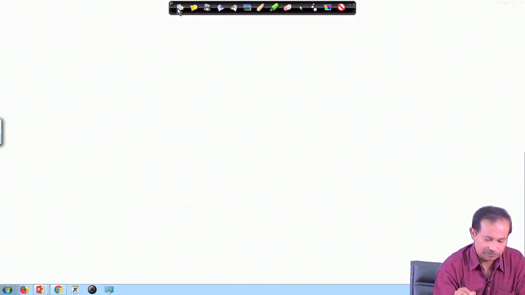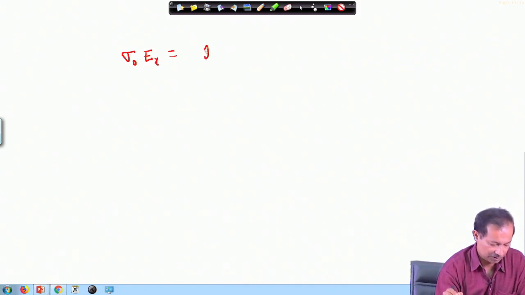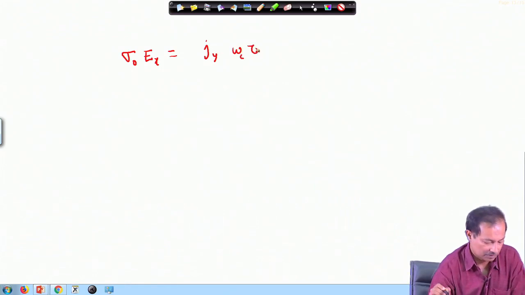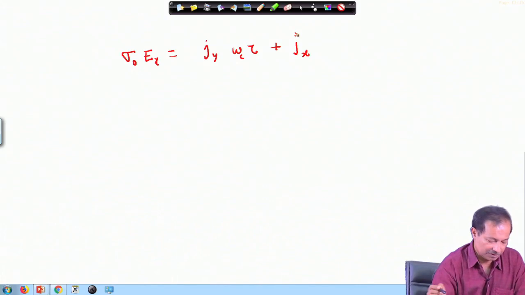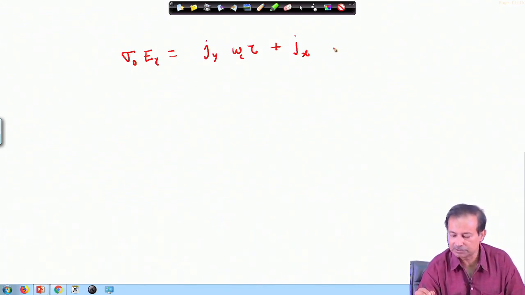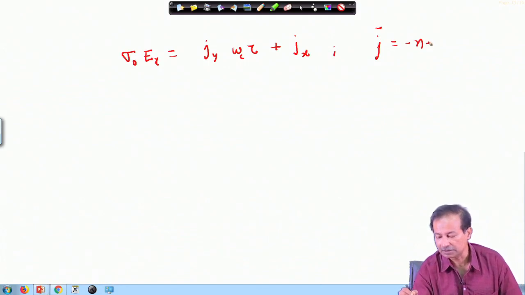So, that gives me the equation that sigma_0 E_x equal to j_y into omega_c tau plus j_x. I am using the fact that j equal to minus n e v.